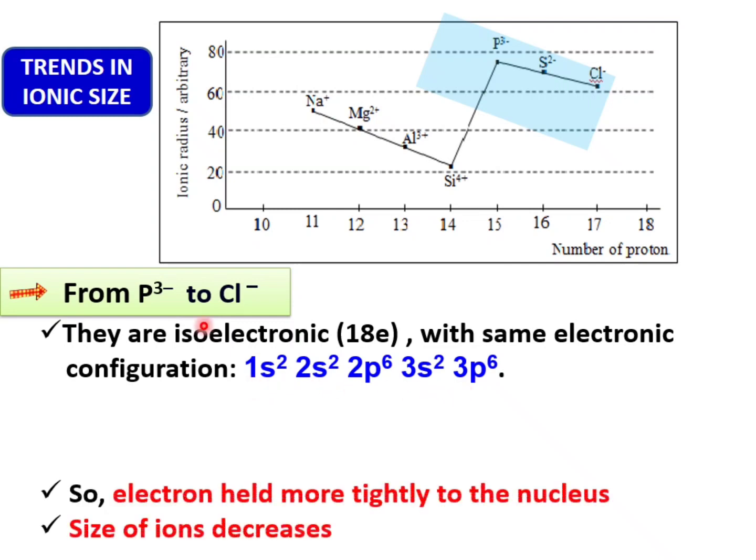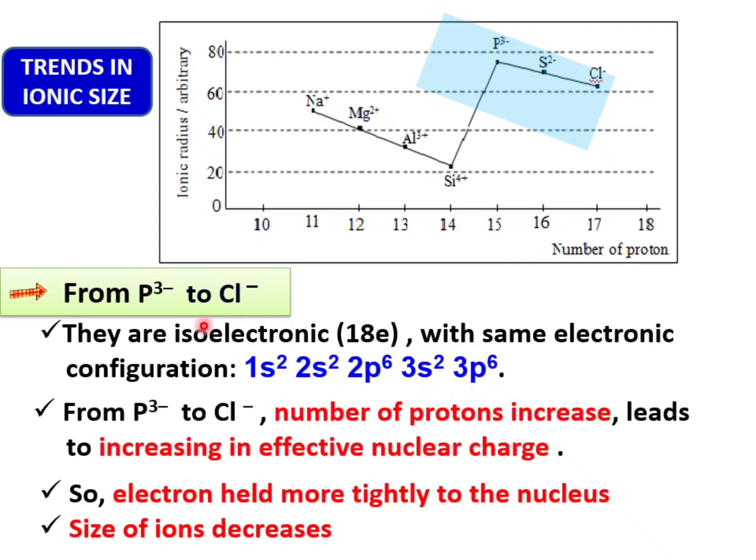And then from the phosphorus ion to the chlorine ion, the number of protons increases, leading to an increasing effective nuclear charge. How is that? The proton number for chlorine is 17, sulfur 16, phosphorus 15.